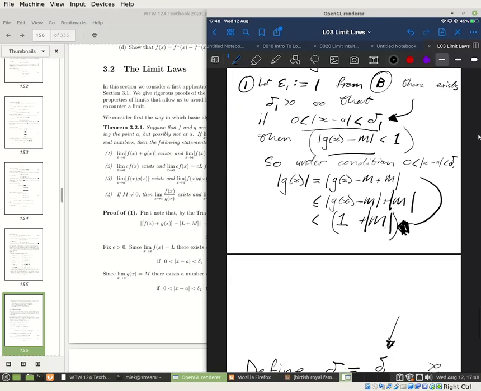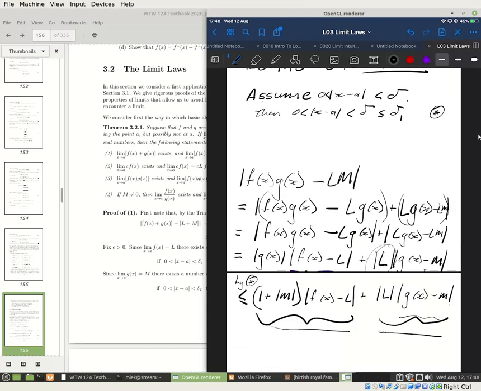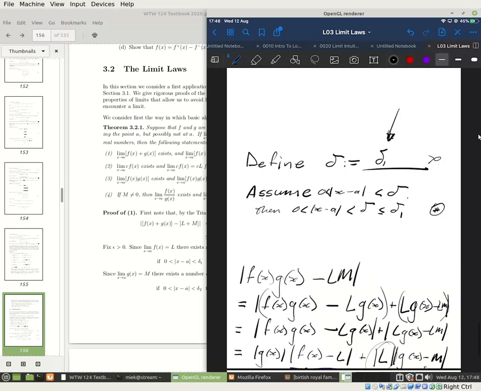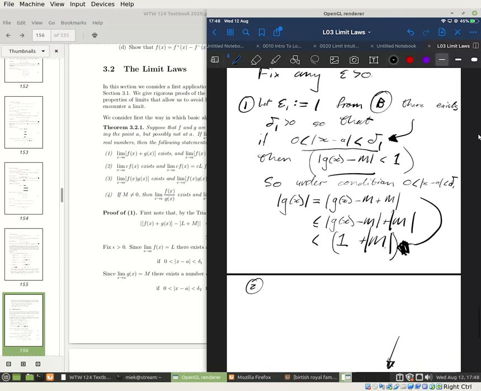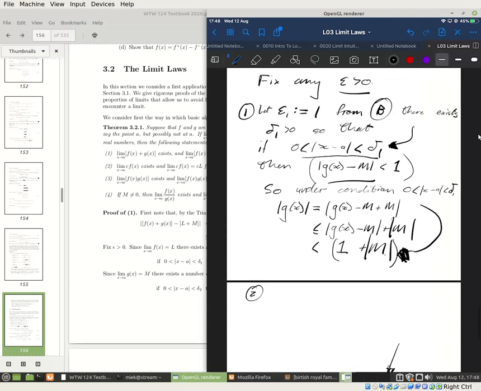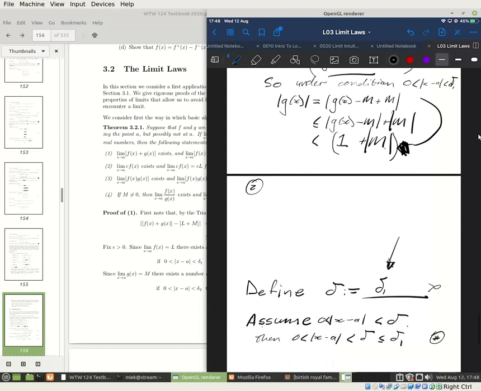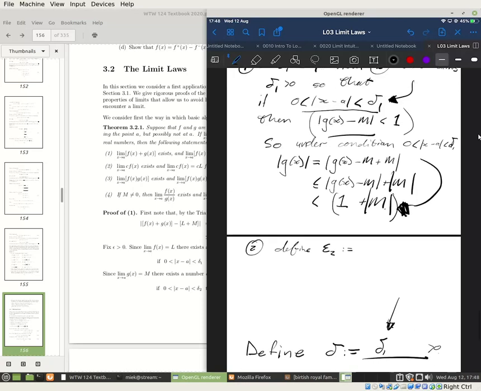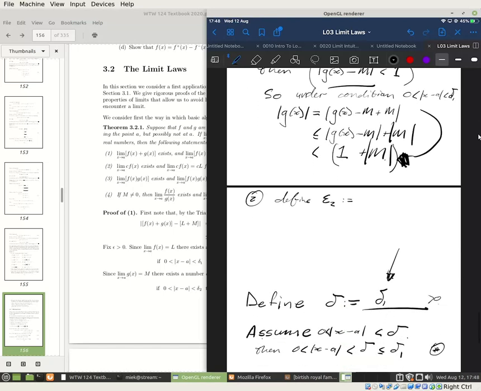Okay, and let's call this number 2. Let us find a delta that will work here. So we've got our epsilon that we fixed here. Let us define epsilon 2 as what?